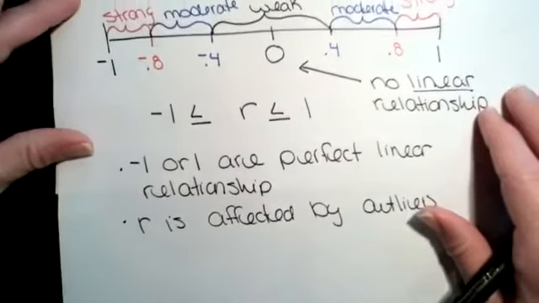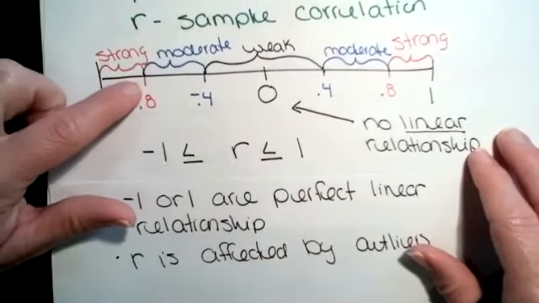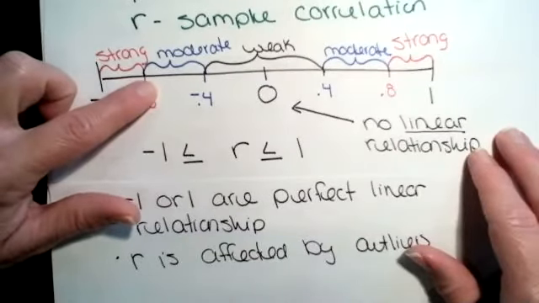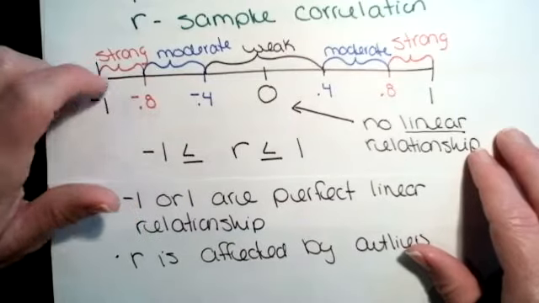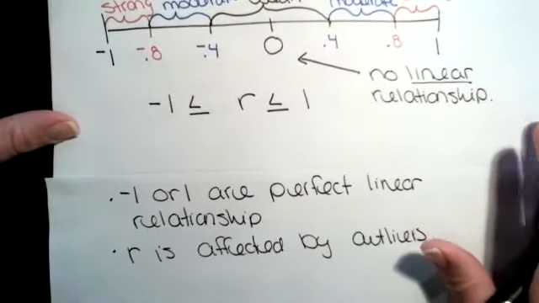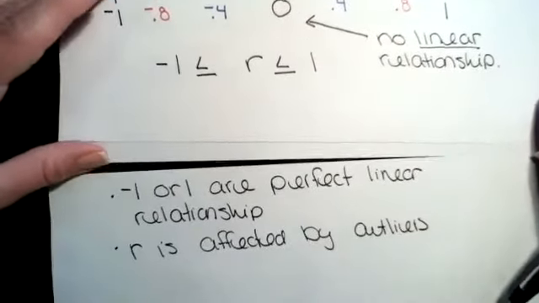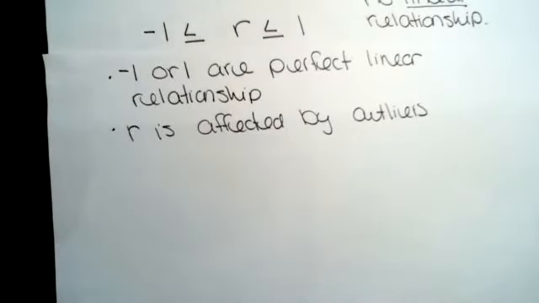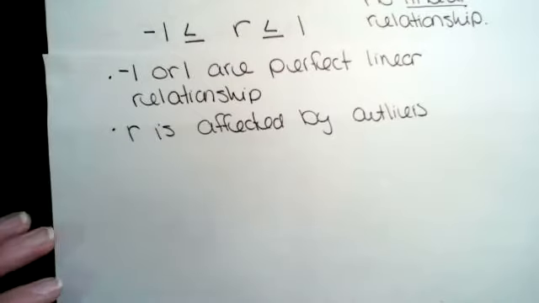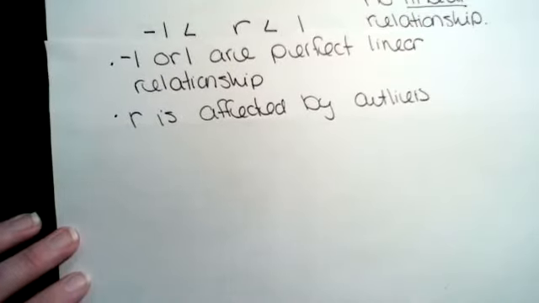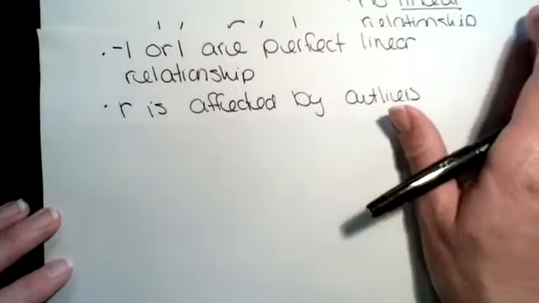Maybe my relationship might be a -0.8, and it's going to bring it closer to 0 when I have those outliers. It's going to weaken the R value because that one value is outside of that strong relationship. So it is affected by outliers, and that's good to know, because if we have a whole bunch of outliers, then maybe we shouldn't trust our R value. Maybe it's not a good measure for our data set.